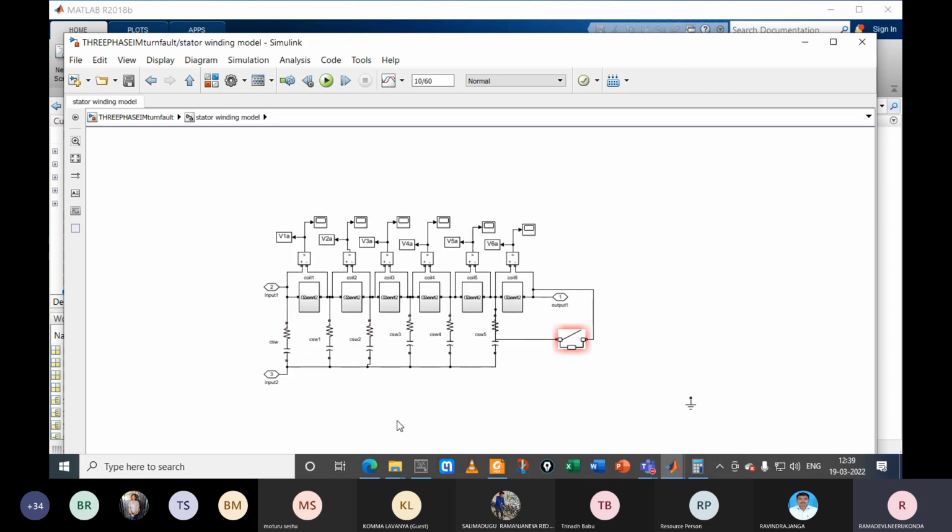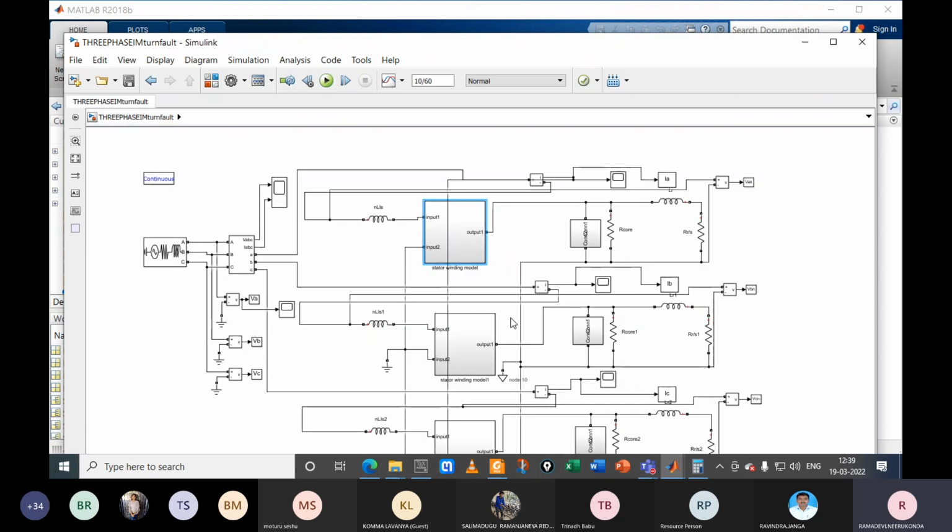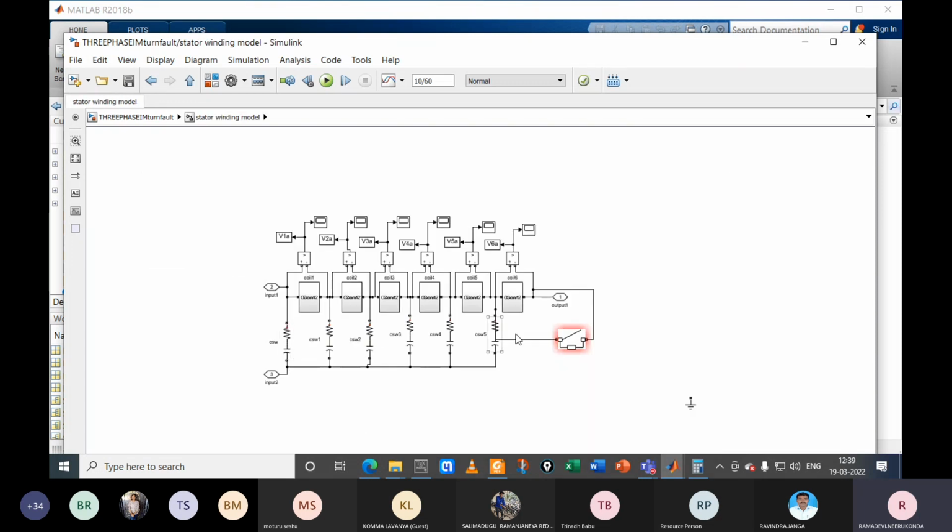Here we created the distributed turn-level values of the stator winding. The stator winding is created as coils like this. How many coils have we created? We created 6 coils here: coil 1, coil 2, coil 3, coil 4, coil 5, coil 6.